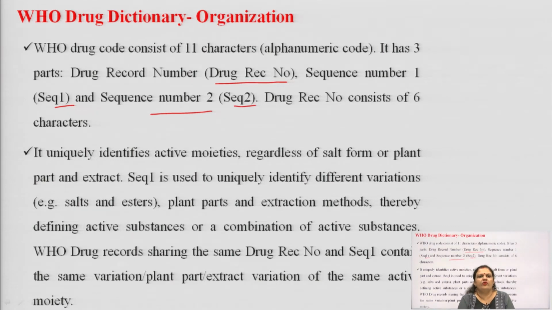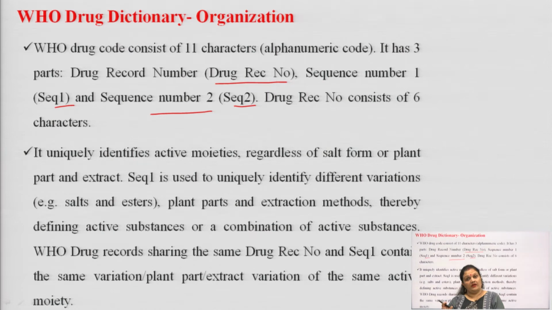A salt form or part of the plant and their extraction means, like hot percolation, oxidation extraction, decoction, the different extraction methods you studied in the pharmacognosy subject. So sequence 1 is basically used to uniquely identify the different variations.